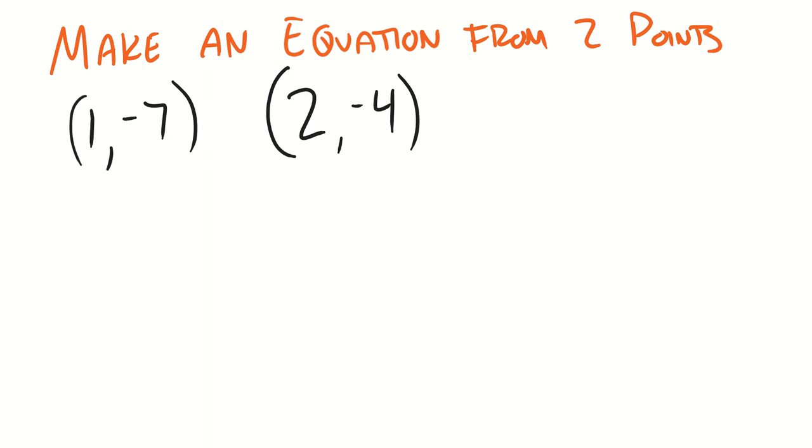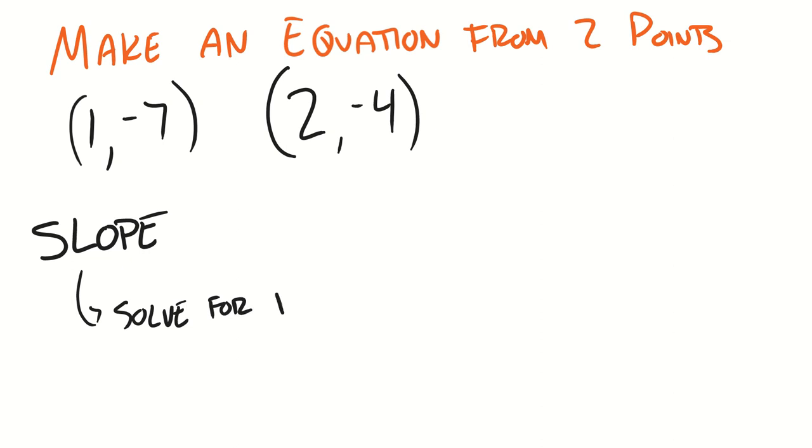Okay, well, I want to use these 2 points. I'm going to need to find a slope. And then I'm going to use this to solve for my b, and then I can make my equation.